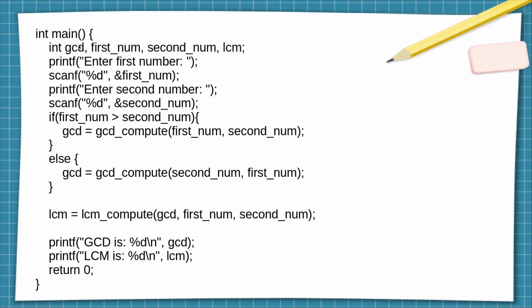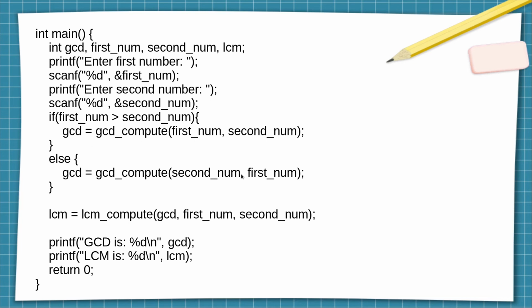In this main function, we are asking the user for the first number and the second number. Then we are checking if the first number is greater than the second number. If it is, then we are sending these numbers as they are to the function GCD compute to compute the GCD.